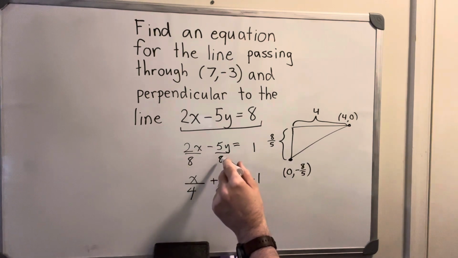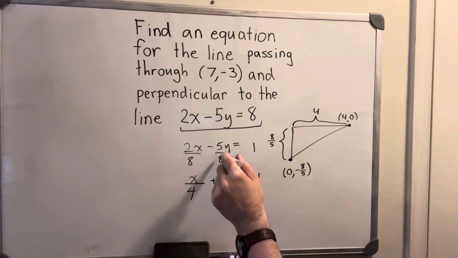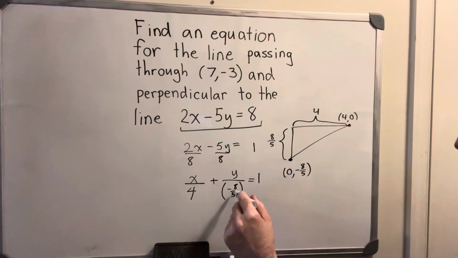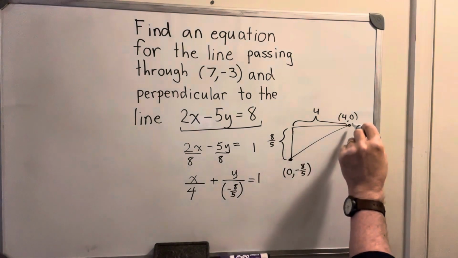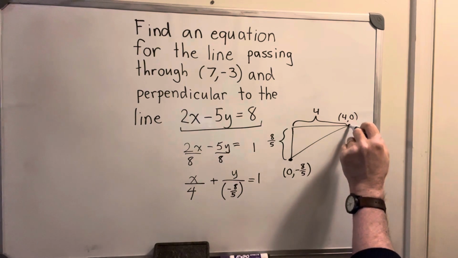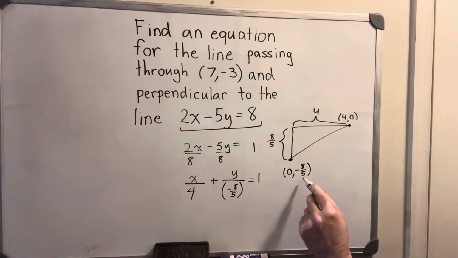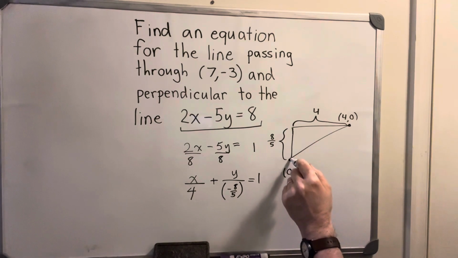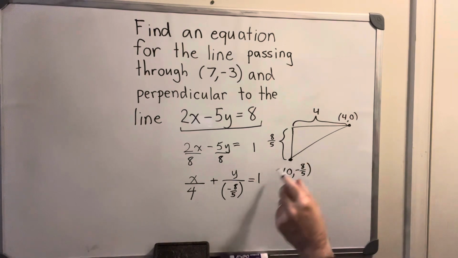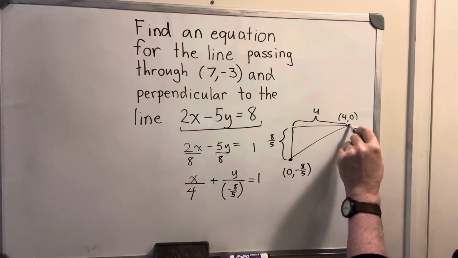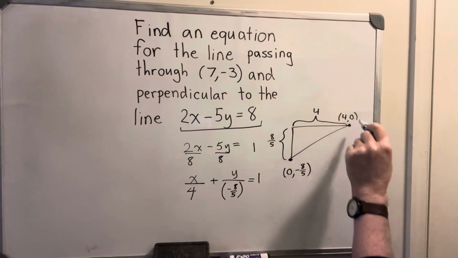And it divides by -5/8, which is the same thing as dividing by -8/5. And what I've drawn here is the x-intercept and the y-intercept. At the y-intercept, the line is passing through (0, -8/5). And here at the x-intercept, the line is passing through (4, 0).